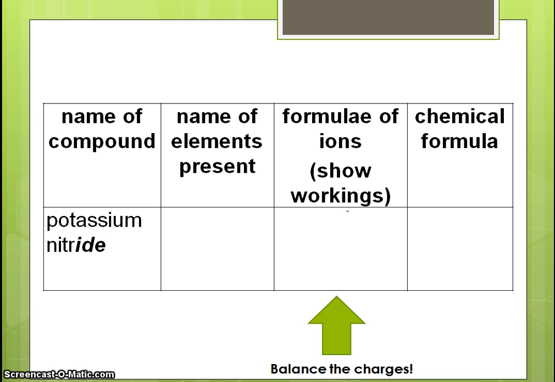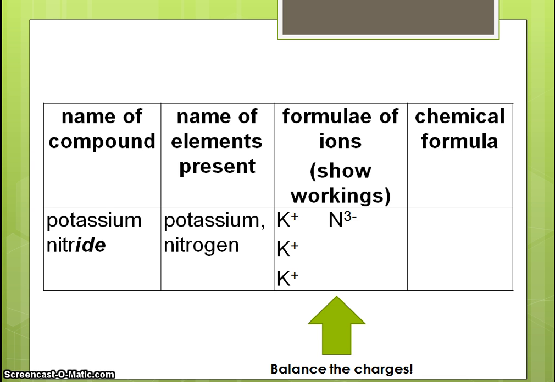Let us now look at the next example. The name of this compound is potassium nitride. Again, we write down the name of the elements present in this compound: potassium and nitrogen. Next, we write down the formula of the ions present in the compound, which is your potassium ion, K+, and your nitride ion, N3-.